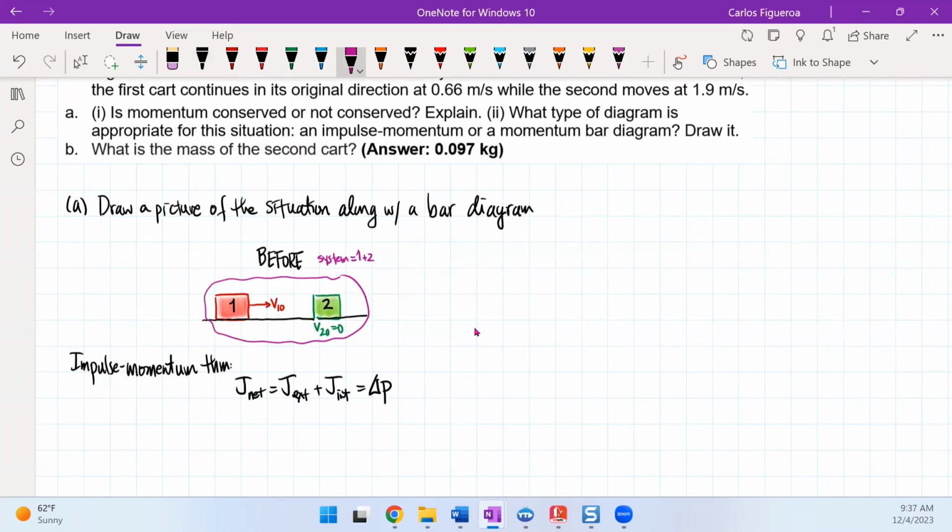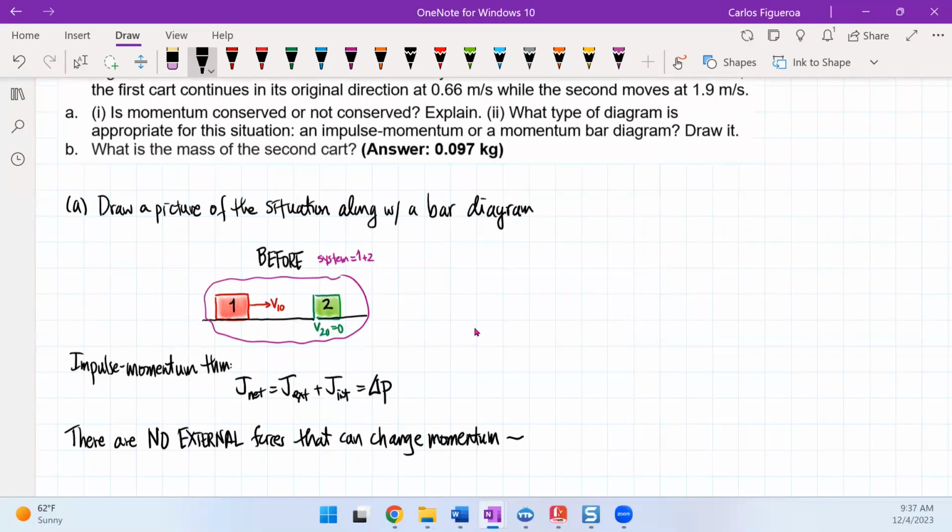So now if I look at this thing, I could then say that there are no external forces that can change momentum.